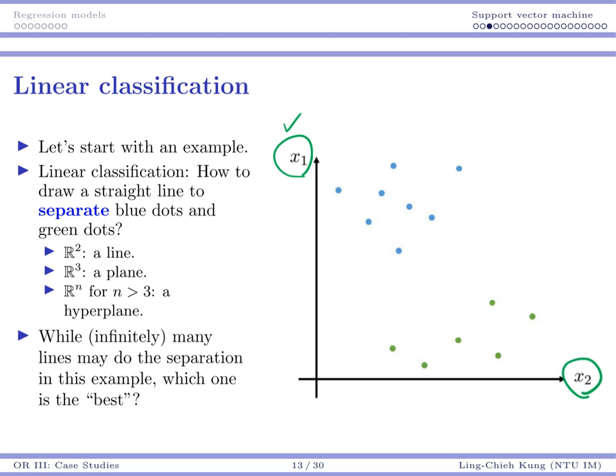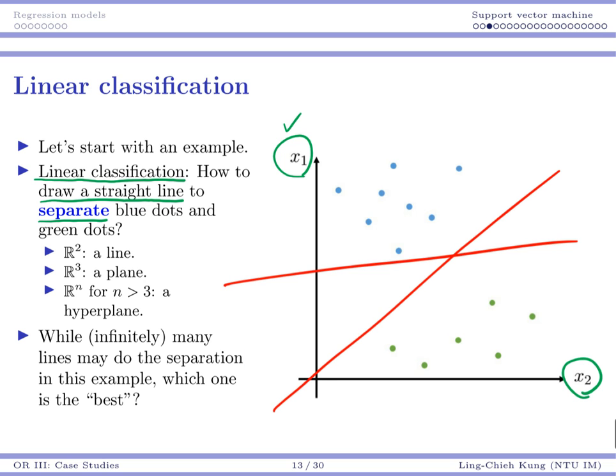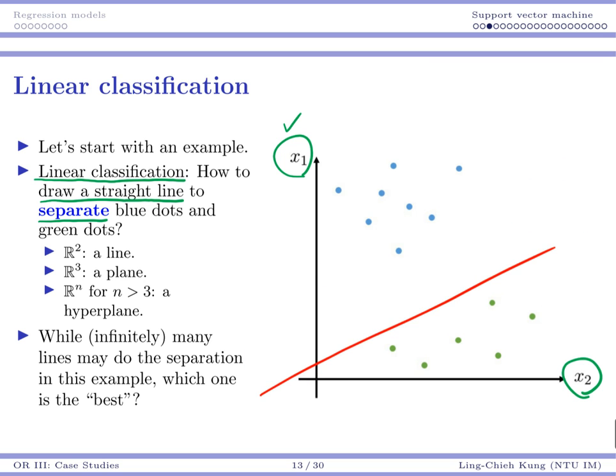Now we are trying to do linear classification, which means we should draw a straight line to separate the blue dots and the green dots. Okay, so a straight line means something like this. Or you may do something like this, something like that. So there are many different straight lines that may do the work.